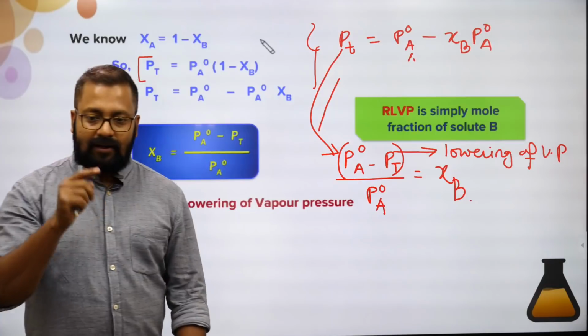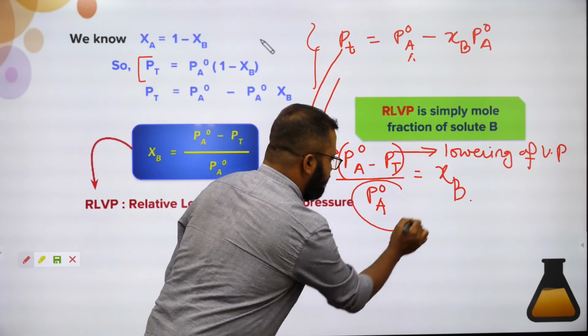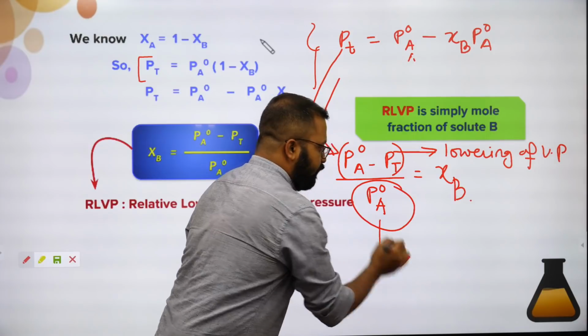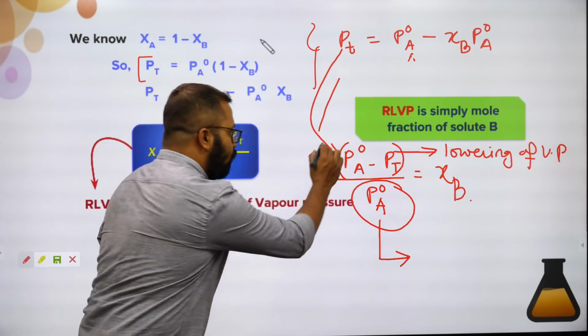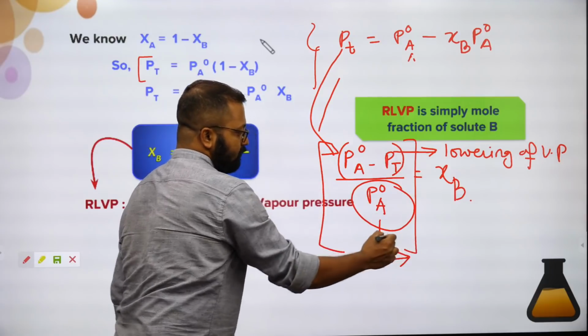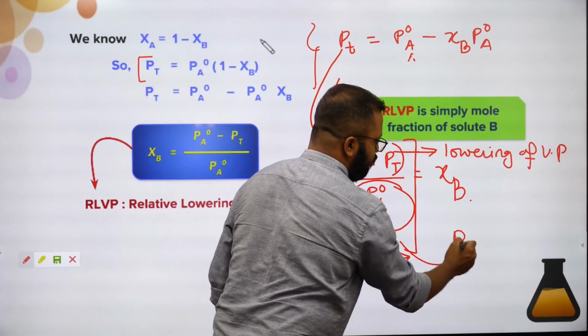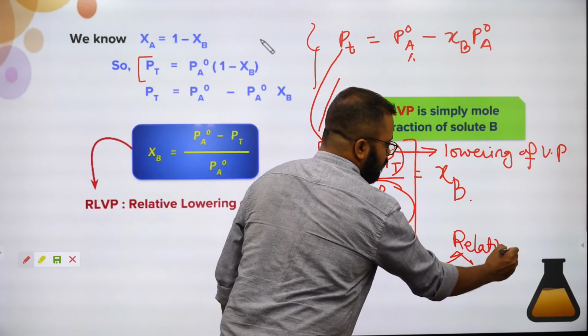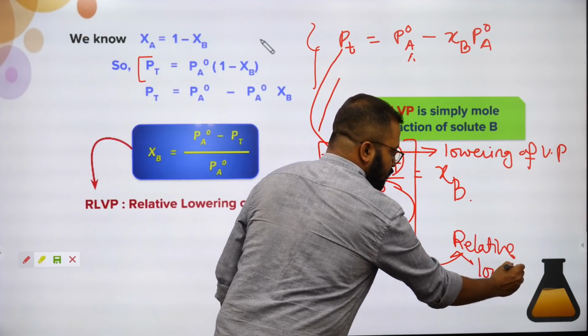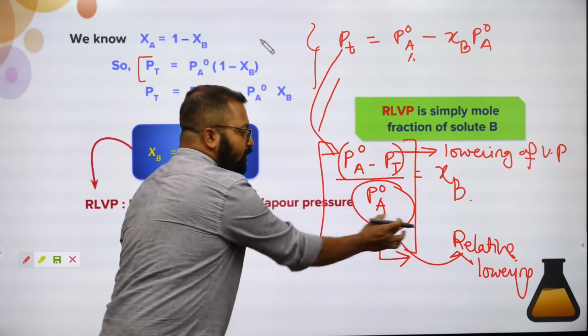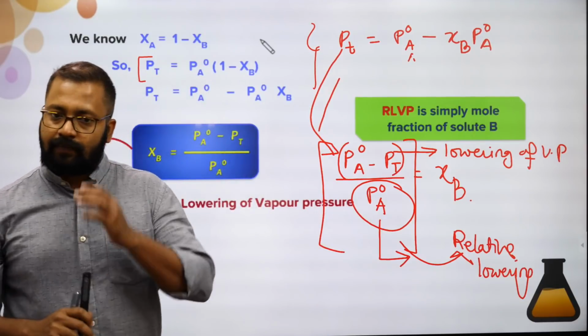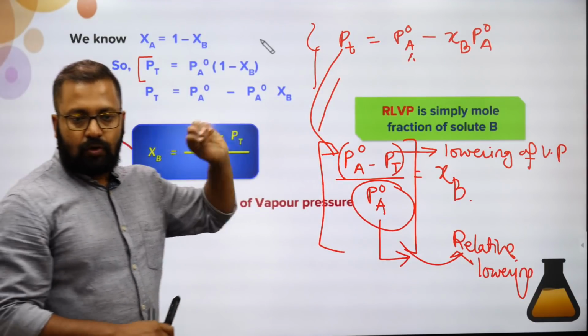Since you are dividing with respect to the vapor pressure of pure solvent, you call this whole thing relative lowering. So lowering with respect to pure solvent.